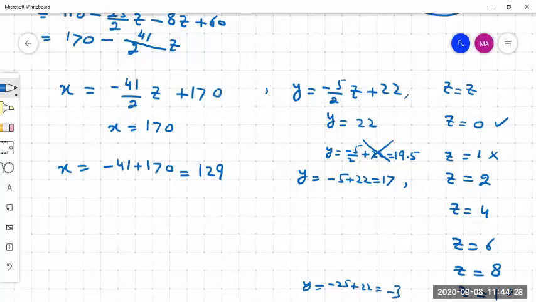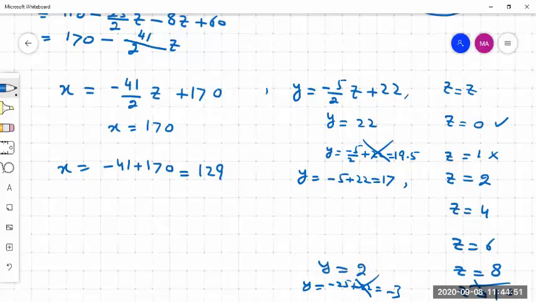You see y became negative, so this would not work. So we should be below this one. Say z is equal to 8. 8 times negative 5 is negative 40, negative 40 by 2 is negative 20, and negative 20 plus 22 is 2. So y is equal to 2.